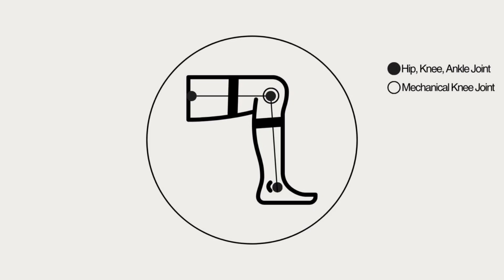The black circle indicates the hip, knee and ankle joints, while the blank circle stands for the mechanical knee joint. In this picture, you can see there is no pressure and no gap, so the placement of the knee joint is right in place.